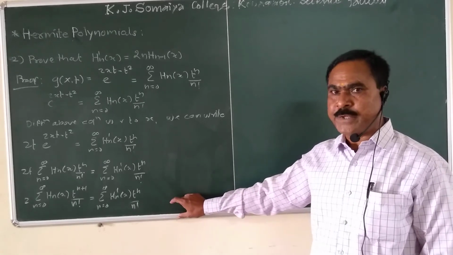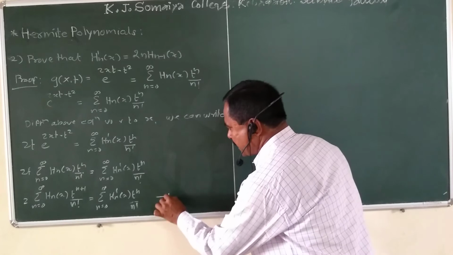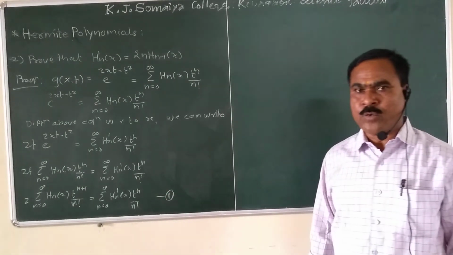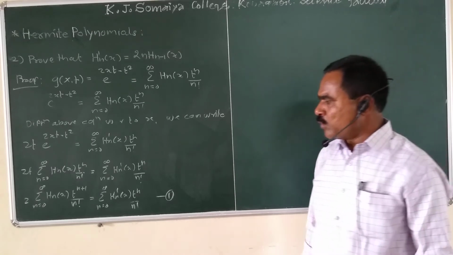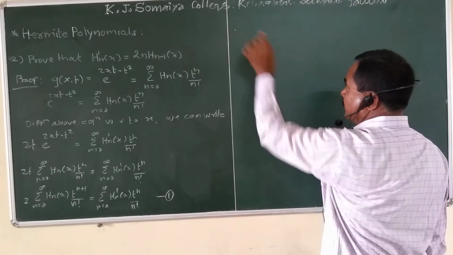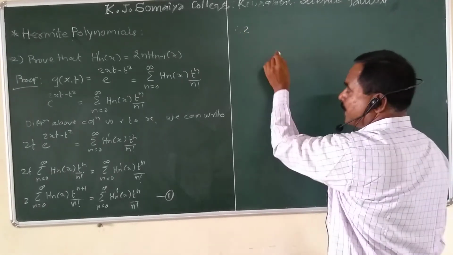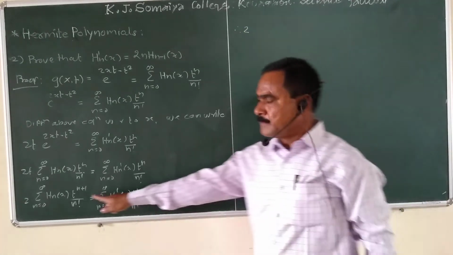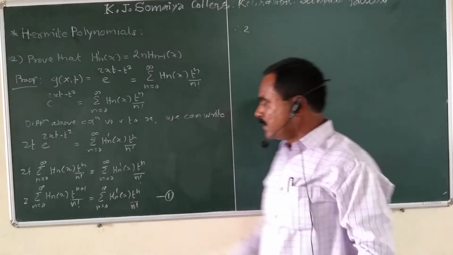Okay, then in the next step we have to compare the coefficients of t raised to n on both sides. So we name this equation first, and we are going to compare the coefficients of t raised to n on both sides. Write this equation 2, here we have n plus 1, so we substitute n as n minus 1.